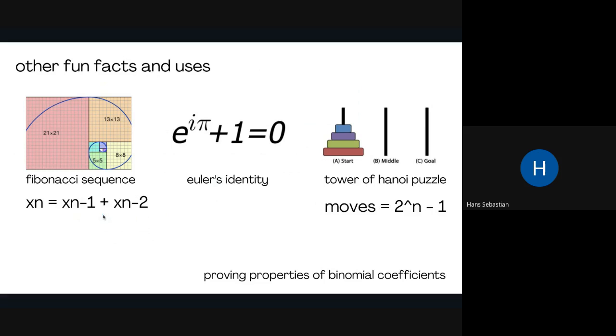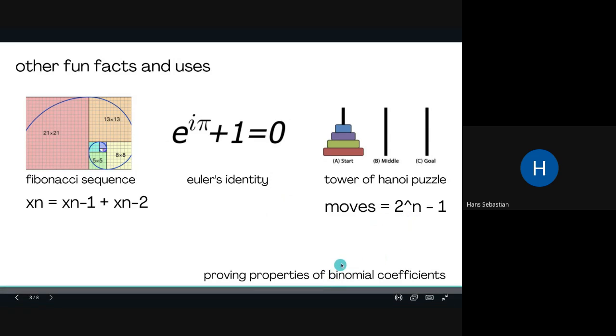And you also have Euler's Identity, which was also proved by mathematical induction. And this one is a pretty famous one, I think, the Tower of Hanoi, where you have the equation that counts how many moves it takes for n number of rings. But mostly it's used to prove properties of binomial coefficients.